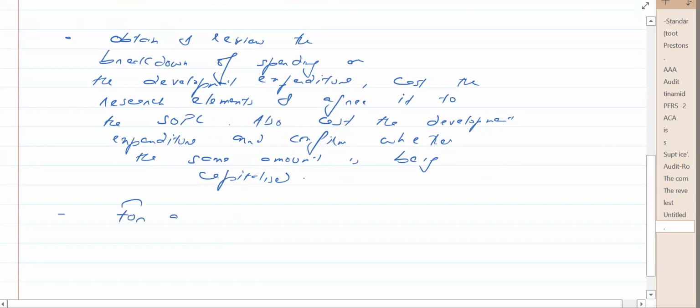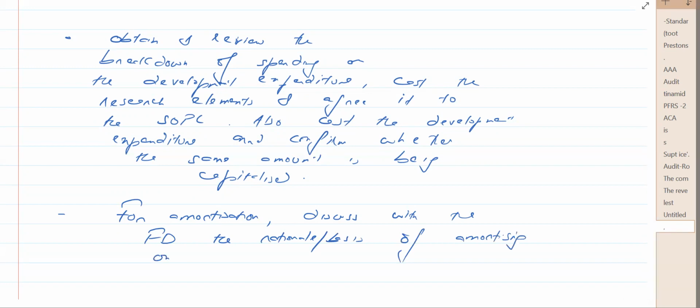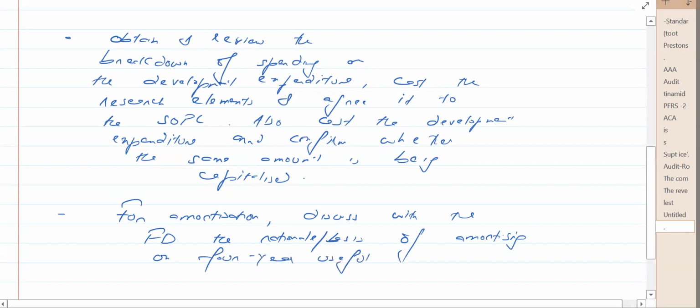For amortization, discuss with the finance director the rationale or the basis of amortizing on 4-year useful life.